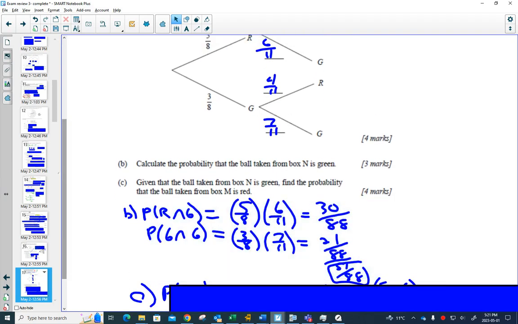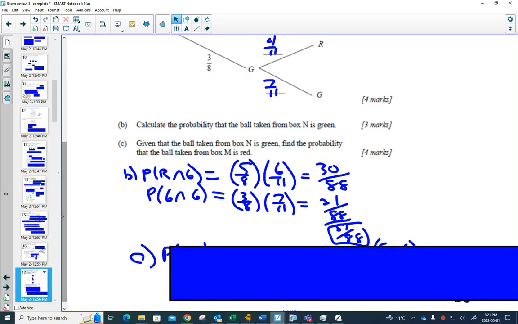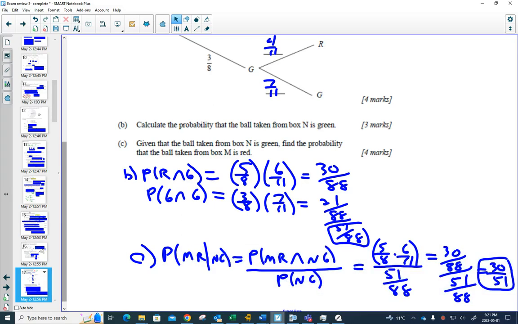Calculate the probability that a ball taken from box N is green. You could either pull a red one first and then a green, or a green one and then a green one. Adding up those 2 cases gives you 51 out of 88. And given that a ball taken from box N is green, find the probability that the ball taken from box M is red.